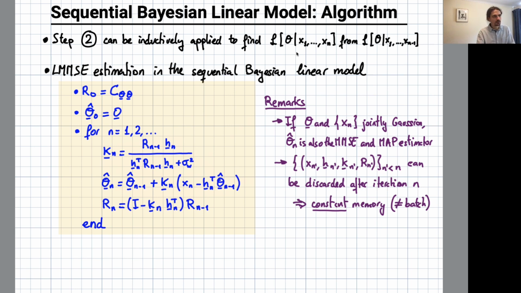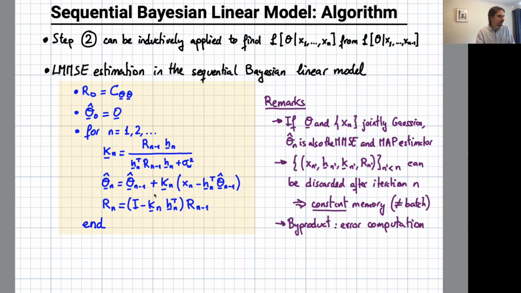This is different from what we would need to do to obtain the LMMSE estimator in a batch fashion, where the memory will grow with time, while with this approach the memory requirements are constant. So it's bounded memory complexity.